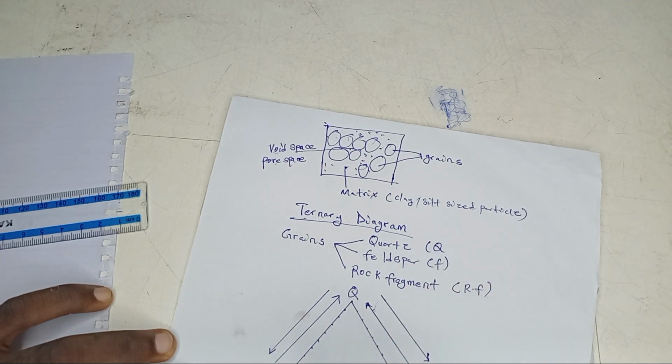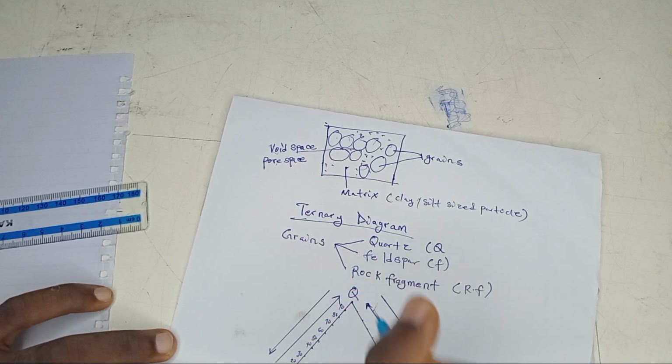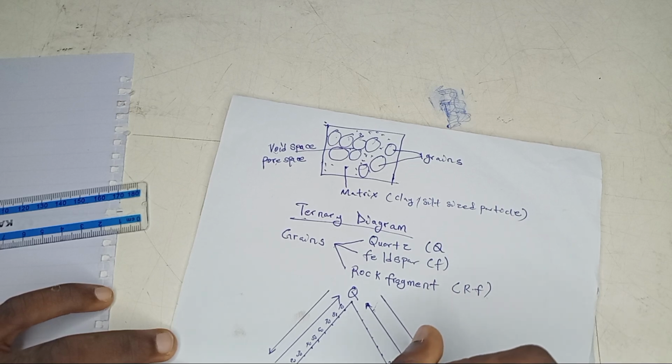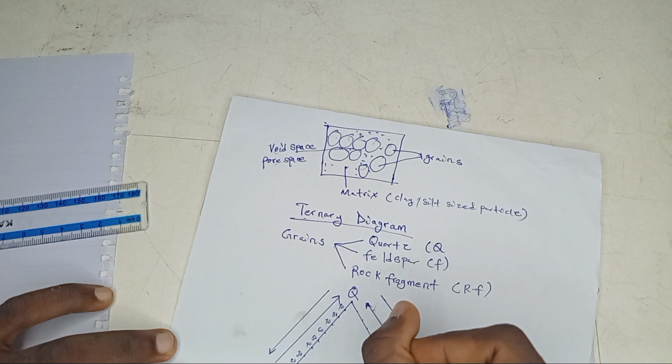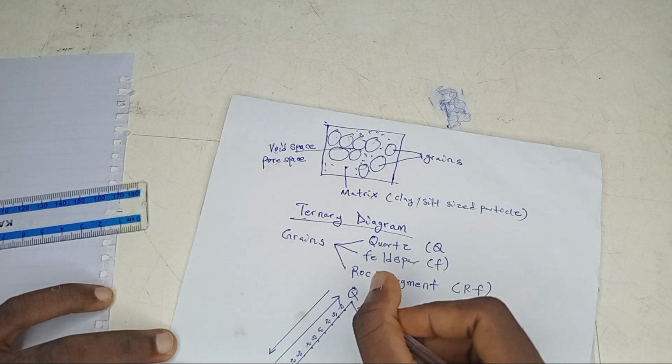side, increasing quartz. So we have 10, 20, 30, 40, 50, 60, 70, 80, 90, 100. The same thing, 10, 20, 30, 40, 50, 60, 70, 80, 90.